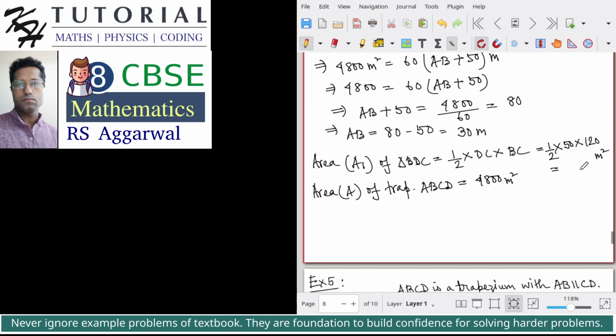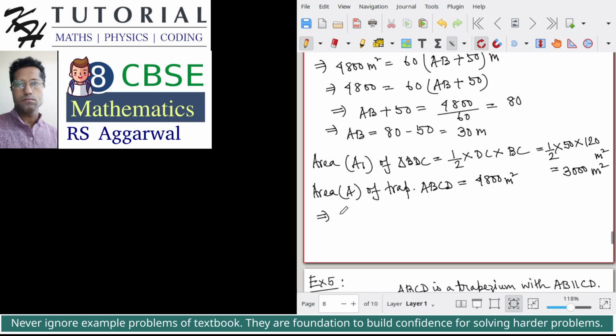If we simplify A1, it will be 3000 meter square. So we have A1, the area of the triangle BDC, is 3000 meter square, and the area of the trapezium ABCD is 4800 meter square.